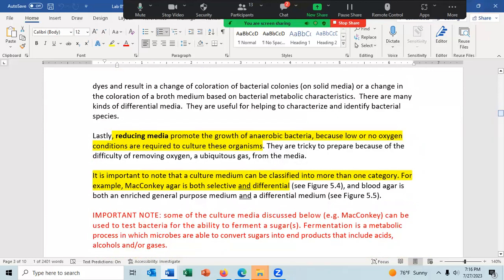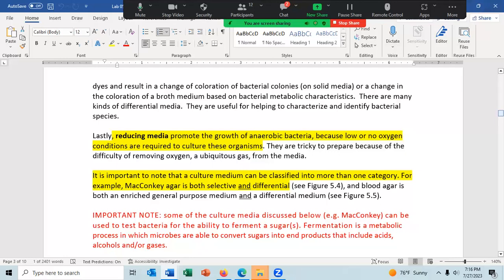But you can get it to grow on a blood agar plate because Streptococcus pyogenes will lyse the red blood cells and release the nutrients so that the Streptococcus pyogenes can use those nutrients and then grow. Any question about any of that?